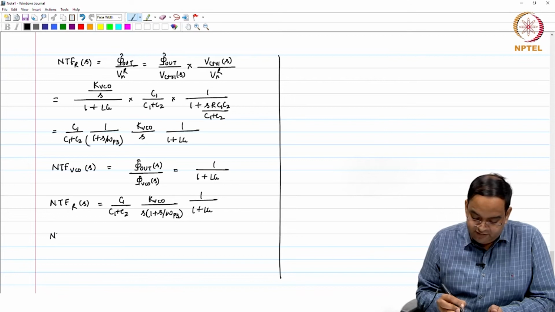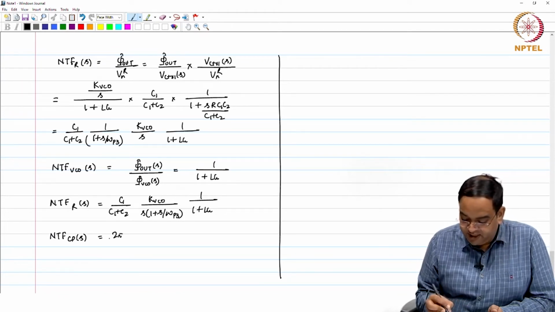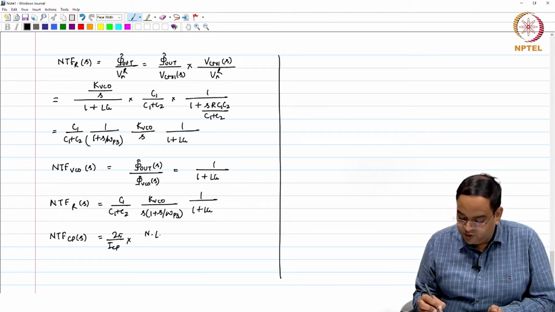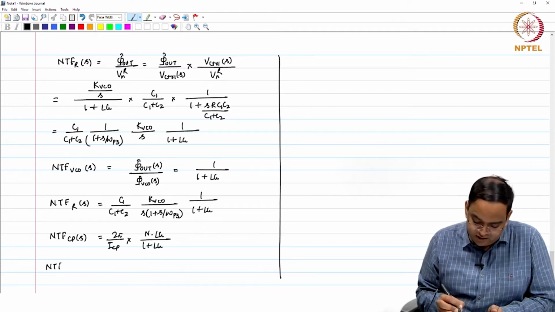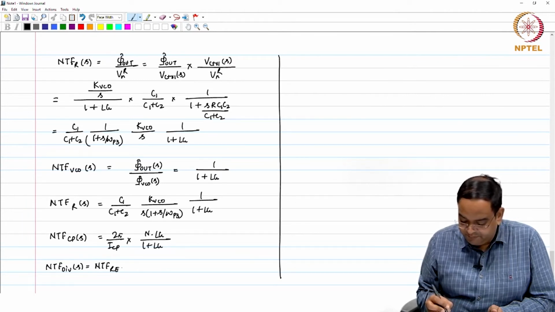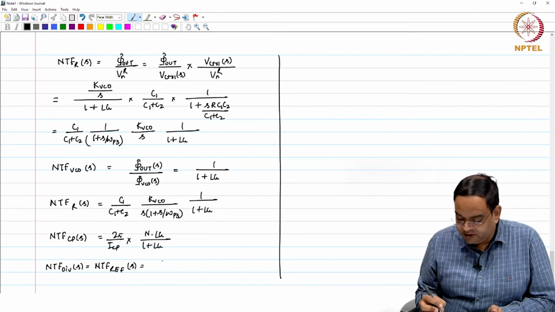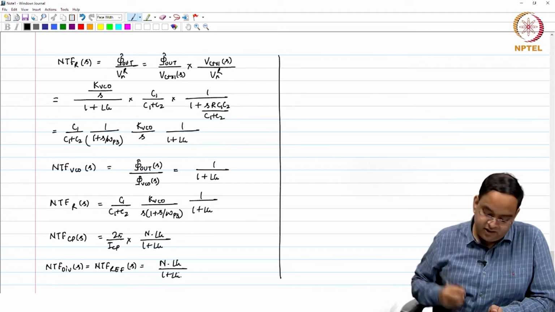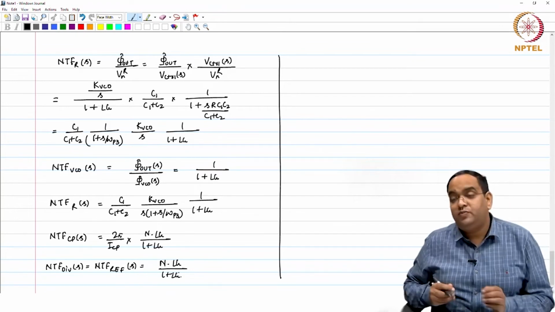Then you have NTF of charge pump, which is 2 pi by ICP times n times loop gain by 1 plus loop gain. NTF of divider and NTF of your reference are the same, okay, which is n times loop gain by 1 plus loop gain, and NTF of PFD only has the 2 pi factor.